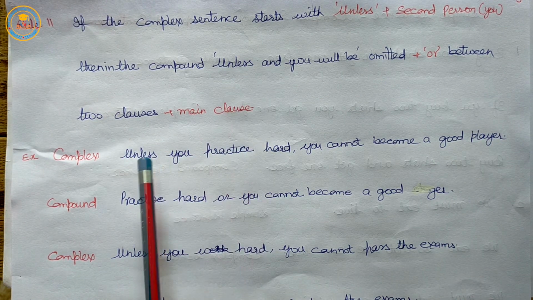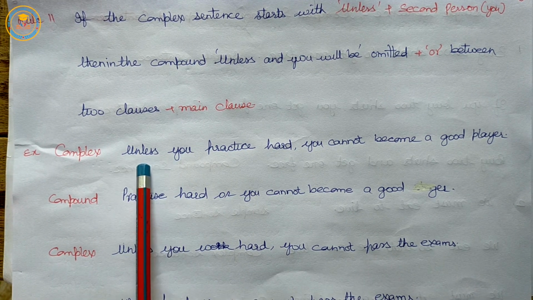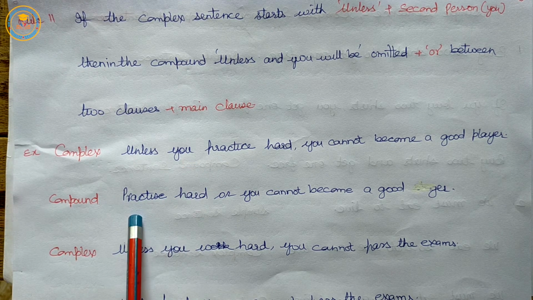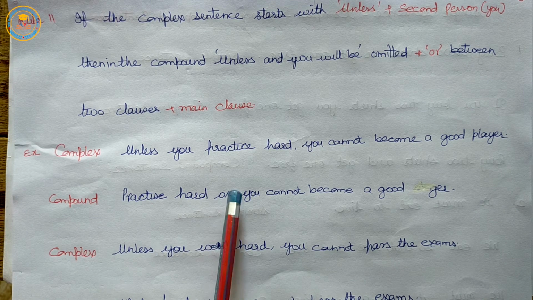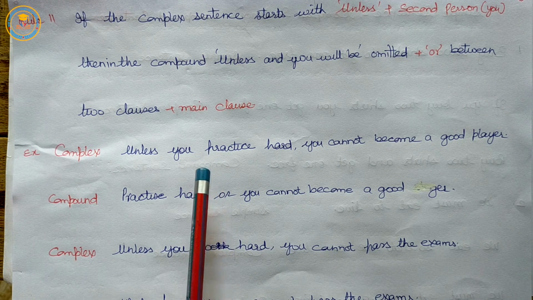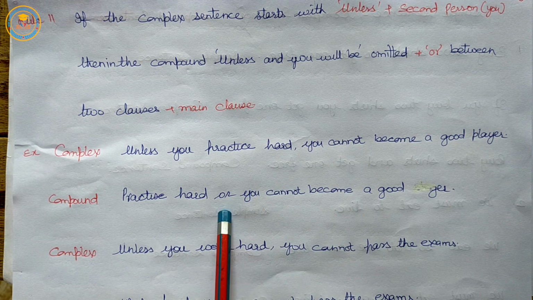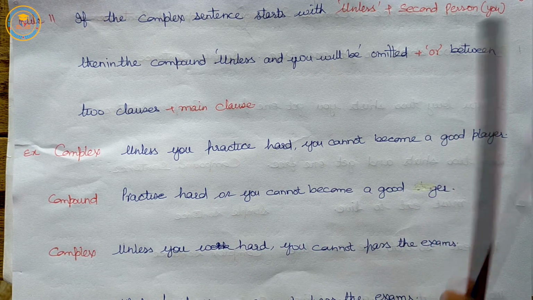Listen here. If the complex sentence starts with unless plus second person, then in compound sentence we will use or, and we will omit unless and you, and rest we will add or, and rest part will be as it is, the main clause.